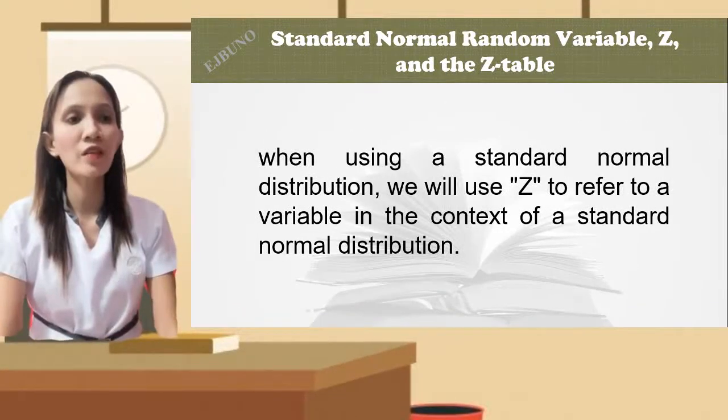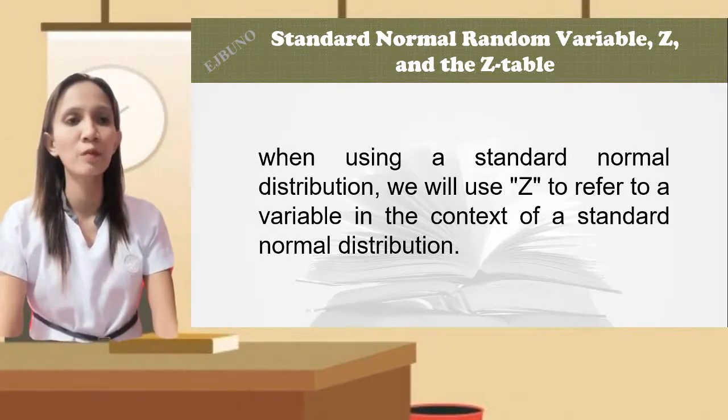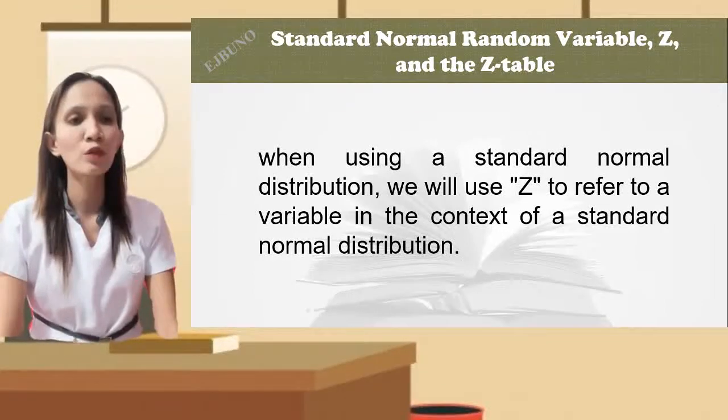When using a standard normal distribution, we will use z to refer to a variable in the context of a standard normal distribution. A z-score is a numerical measurement that describes a value's relationship to the mean of a group of values. Z-score is a measure in terms of standard deviation from the mean.